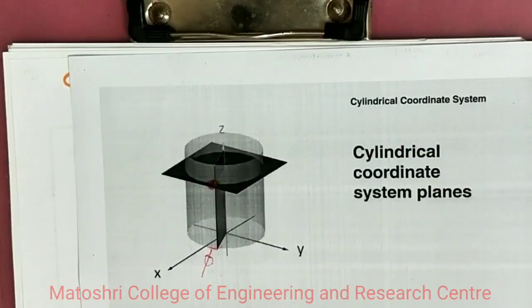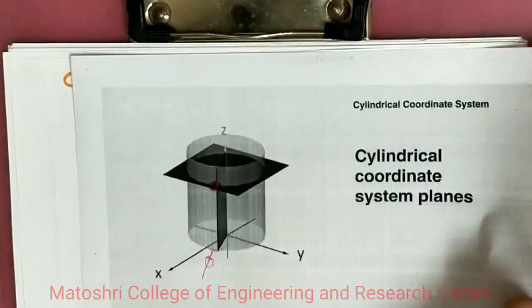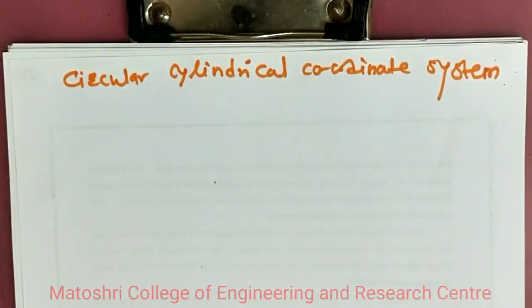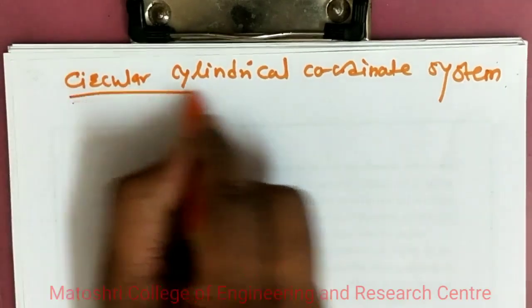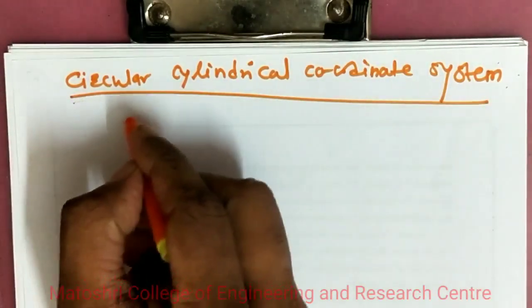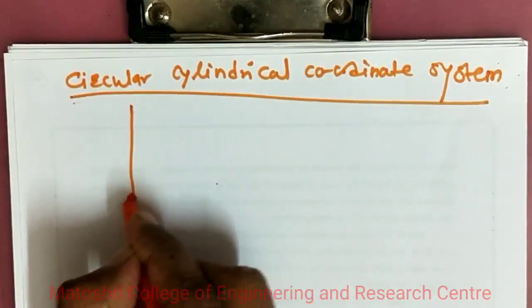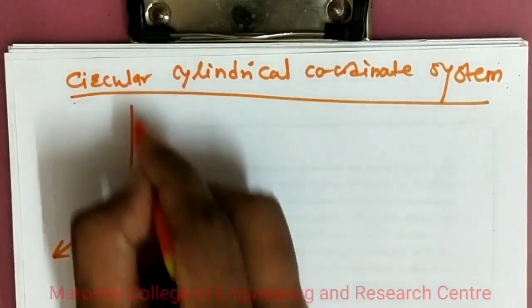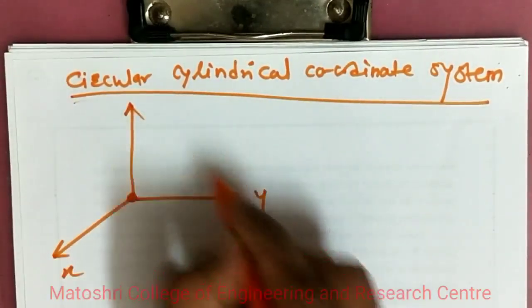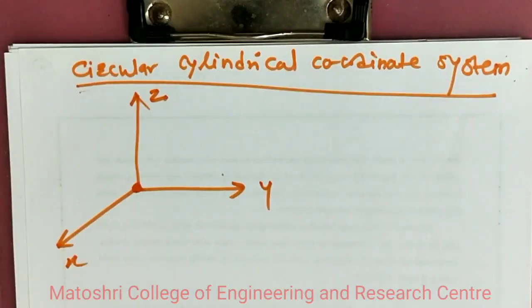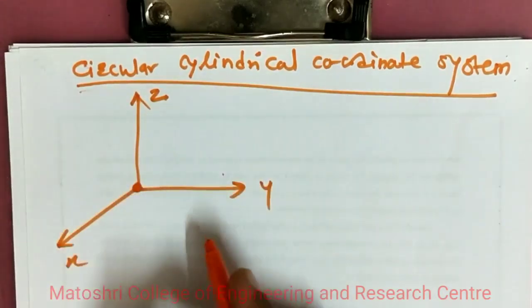Now, as we are specifying the location of the point by using this cylindrical coordinate system, we need to specify, as you have already come across, the radius of the cylinder. The origin of the coordinate system is already fixed. So these are your x, y and z axes. Now to locate this point on the surface of the cylinder, what do we need to specify? The radius of the cylinder.